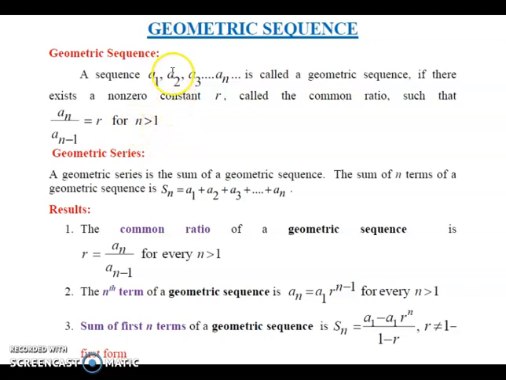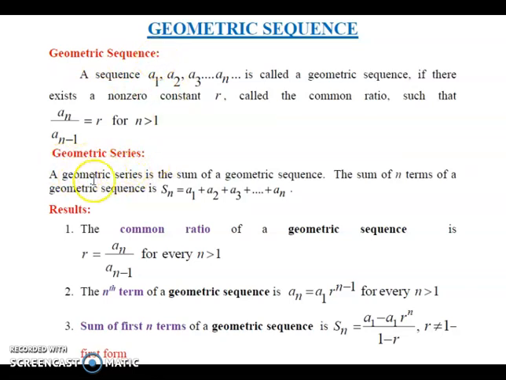That is, a2 divided by a1 is equal to r, a3 divided by a2 is equal to r, a4 divided by a3 is equal to r. We call r the common ratio. Then the sequence is called a geometric sequence.